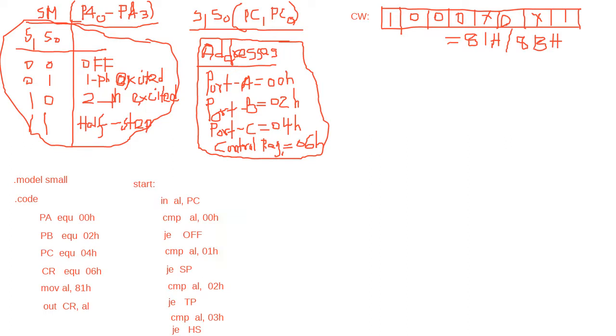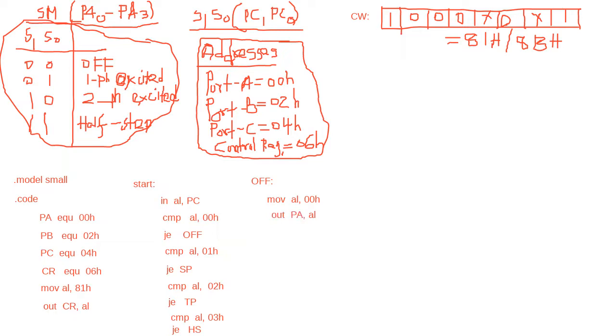Now it's about what to do for off. The off condition is very simple. Because the 4 phases of the motor are connected to port A, if we send move AL comma 00H, out port A comma AL, then it will be off, right?